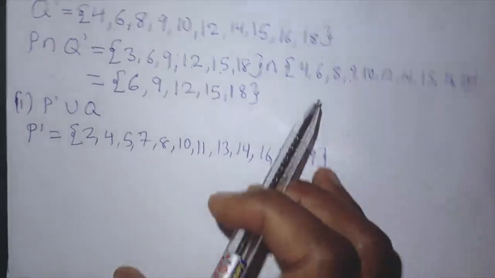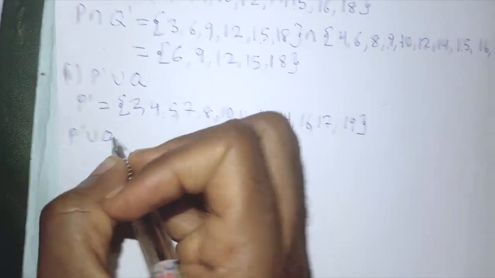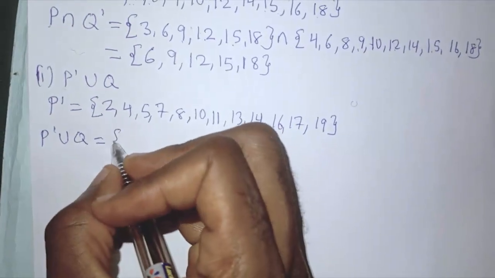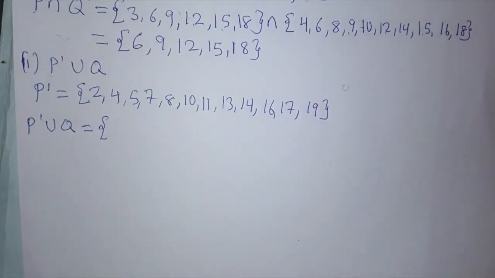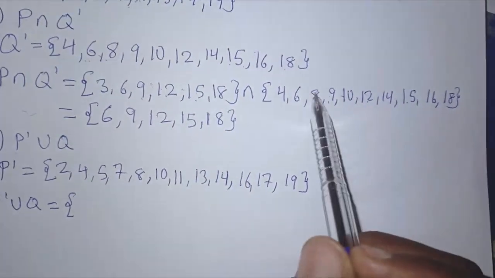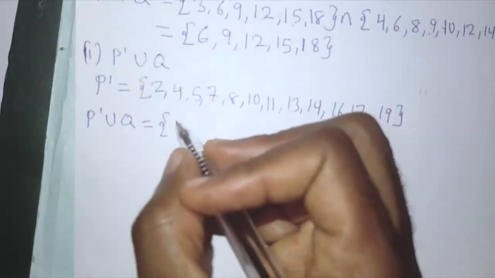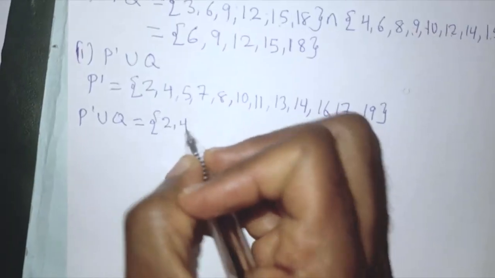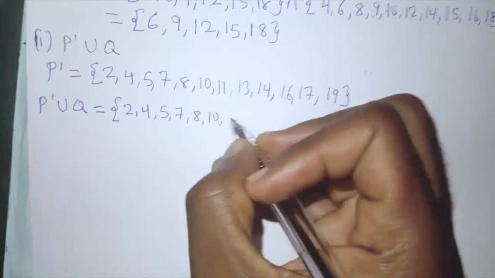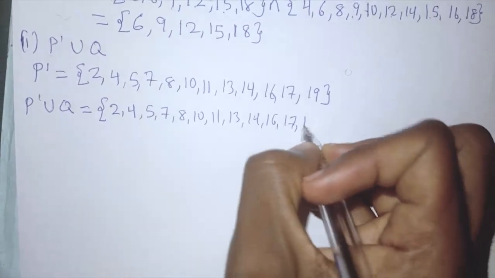Now that we have P prime, we can now find P prime union Q. So that is going to be equal to, this is P prime. Rewriting it is optional, but I think it is fine so that I don't make mistakes. By the time you place them side by side, it is always very easy to compare them, either you want to find the intersection or the union. So you have P prime is 2, 4, 5, 7, 8, 10, 11, 13, 14, 16, 17, 19.